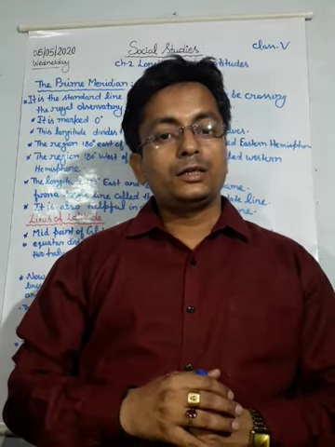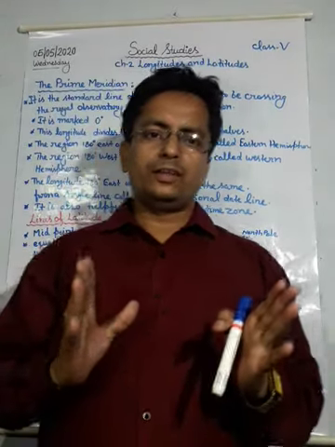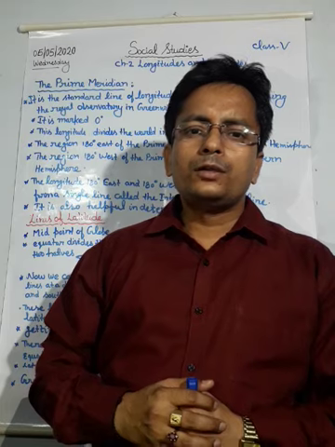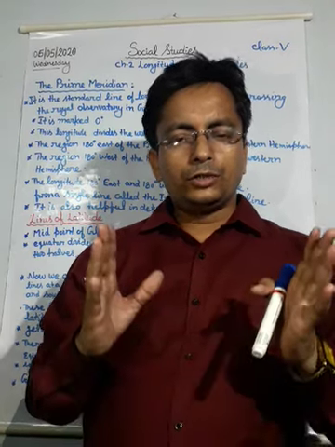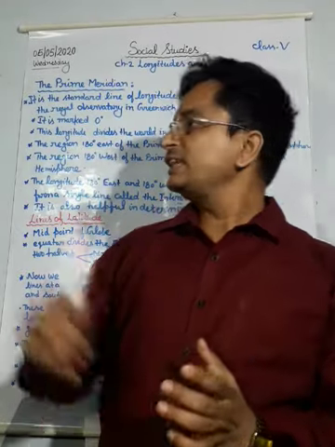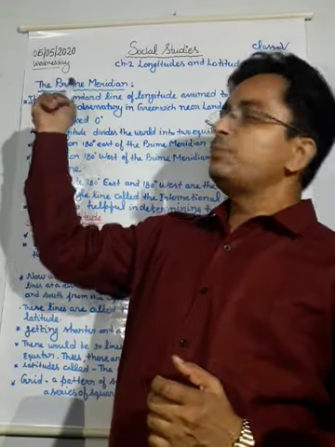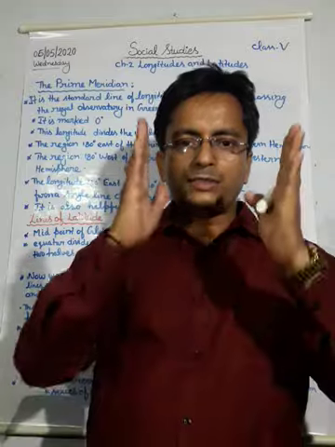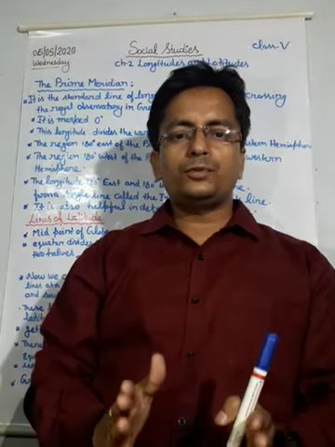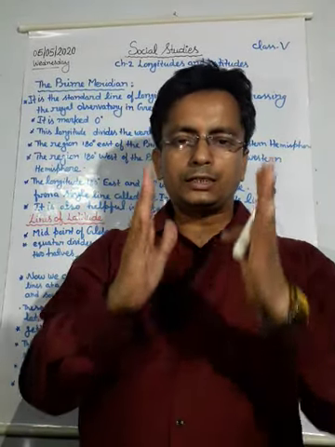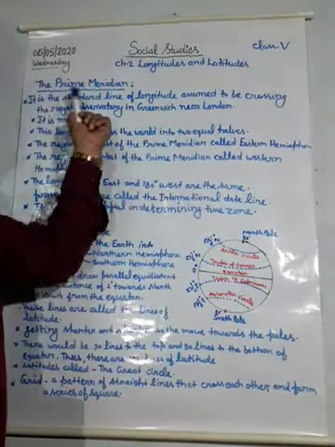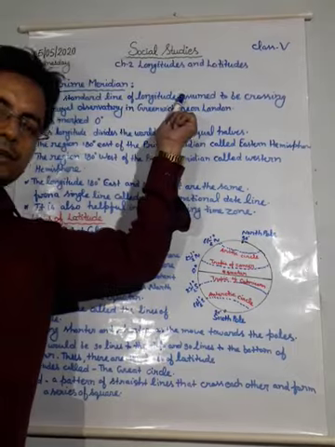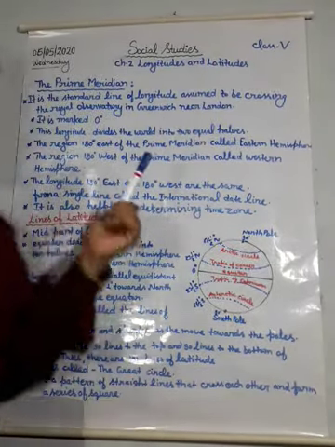Yes students, Greenwich is a place in London. Because the observatory is located in Greenwich, this line is also called the prime meridian and it passes through the observatory at Greenwich. We can say prime meridian, or Greenwich line, or 0 degree line.